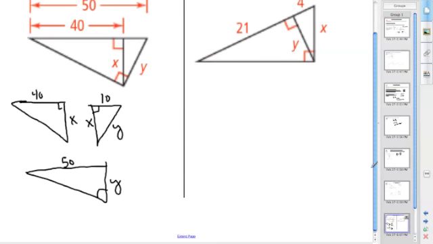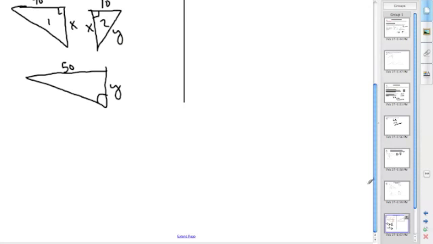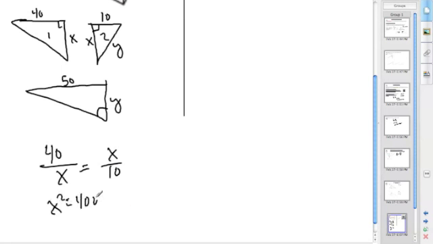So there are my three triangles. Now I need to solve. I'm going to pick the triangle that has both x's in them, so I'm using triangle 1 and triangle 2. I know that the 40 gets compared to the x, and the x gets compared to 10. So I have x squared equals 400, and the square root of 400 is 20. So x equals 20.